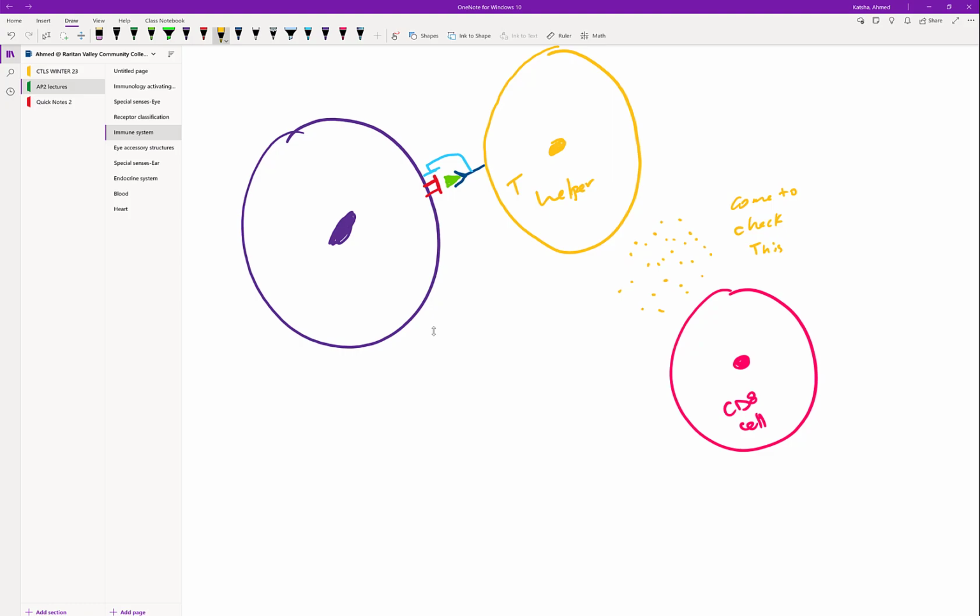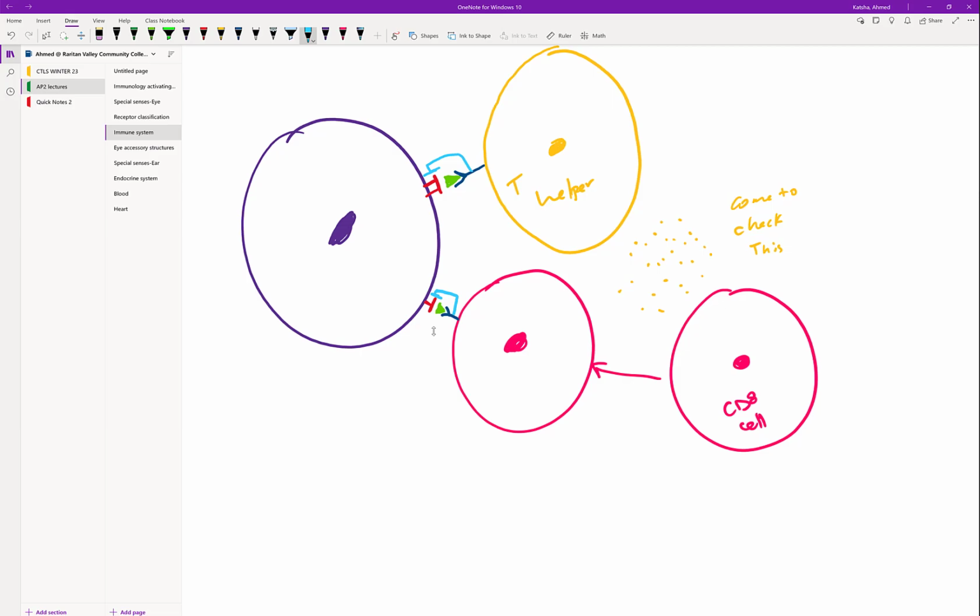In this case, the CD8 cell would move toward the macrophage, and over there it will bind to its MHC1. Here we have MHC1 displaying the non-self antigen, and the CD8 cell is going to recognize this. It needs to recognize the non-self antigen, and it needs to recognize the MHC1.